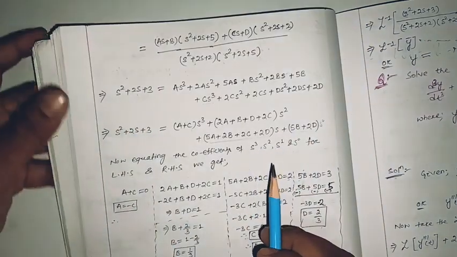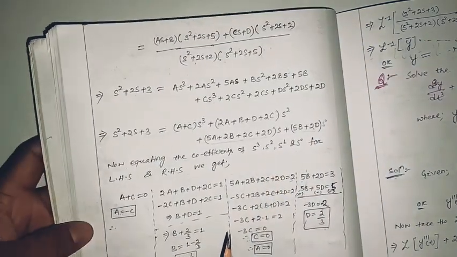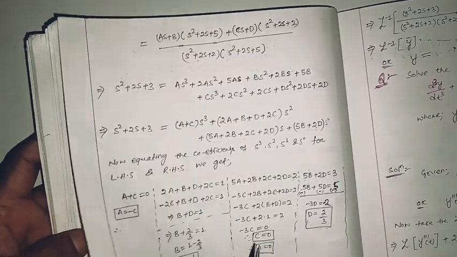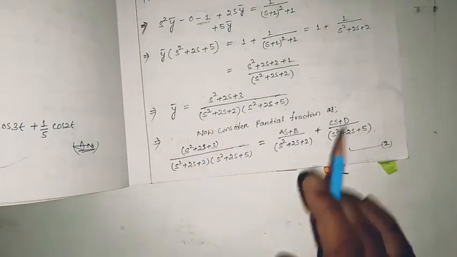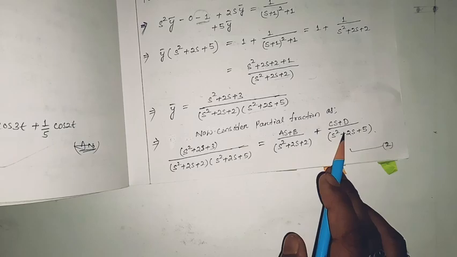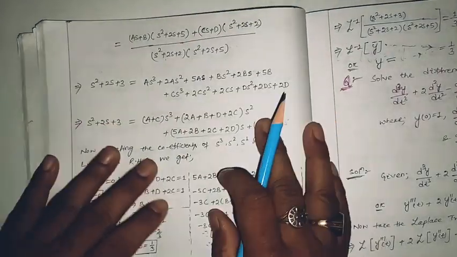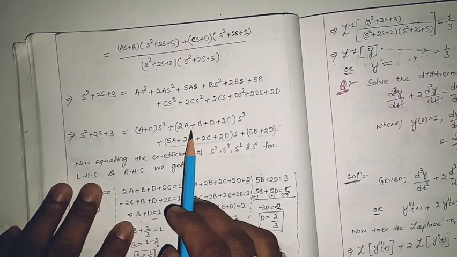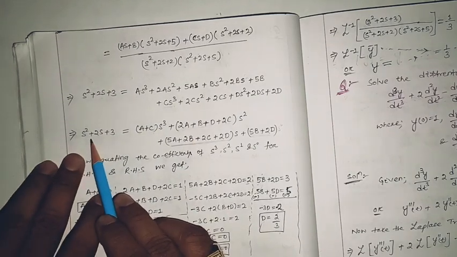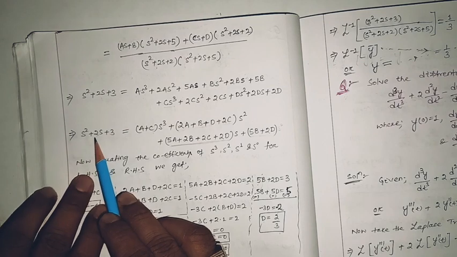Now, as we have discussed, if the denominator of this one and this one is the same, that means the numerator has to be the same, and if the numerator is the same, the coefficients of s powers have to be the same.